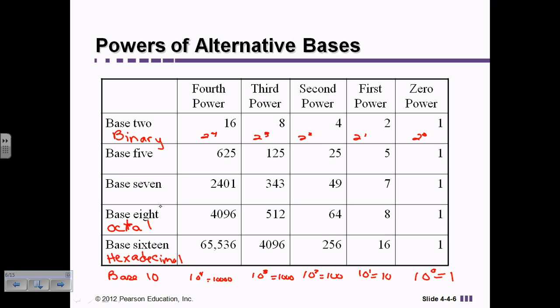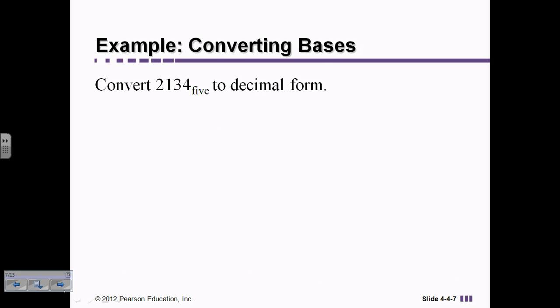So with a base 2 number, depending on the size of the number, the largest power you could get would be 16, whereas in base 10, the largest power here that we see on the chart is 10,000. So there's a big difference between being able to get a number that's 10,000 and a number that's only 16. So these are things to think about in terms of the number systems.